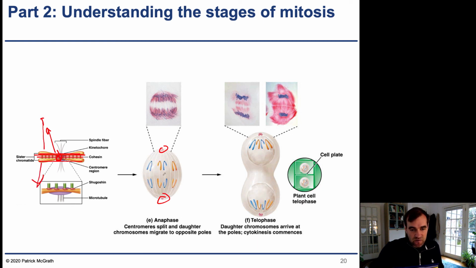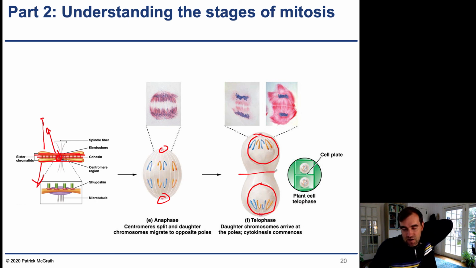So the active phase is when the actual splitting occurs. And then finally, telophase is when the termination occurs. The nucleus reforms, so you now have a nucleus to hold the two new DNA contents of the cell, and cytokinesis commences. Now you're going to split the cell into two different cells.